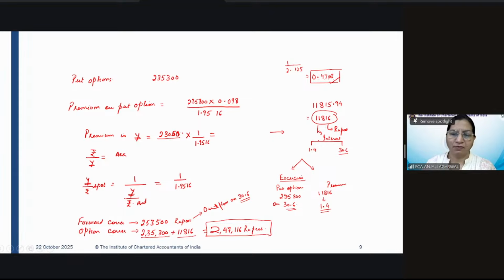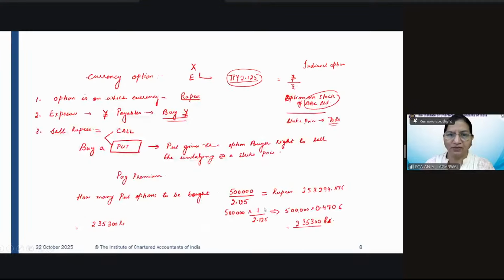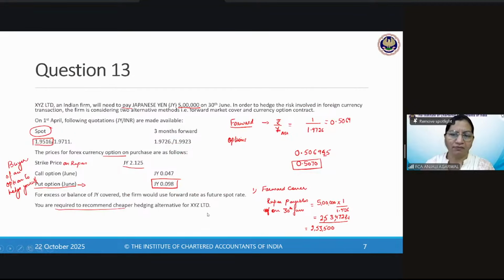However, as the question has not given us any interest rates and any contract size, then we can ignore the two things. So when you're doing this question, I would like that you write two assumptions here. Number one, that it is assumed that the entire amount of Japanese payables were covered using the option.